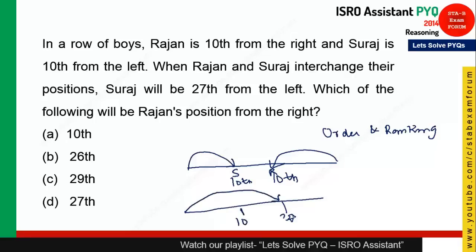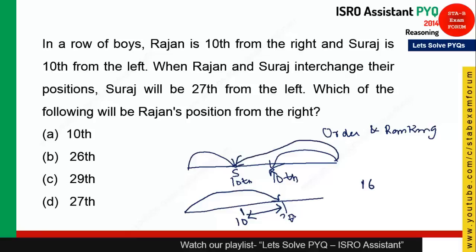So as you can see, what is the difference between 27 and 10? How many people will be there? 27 minus 10, what will be the answer? Yes, 16. What they are asking is, which of the following will be Rajan's position from the right?